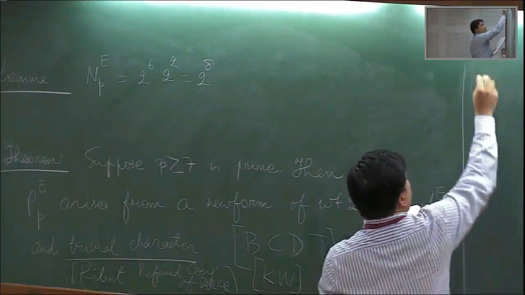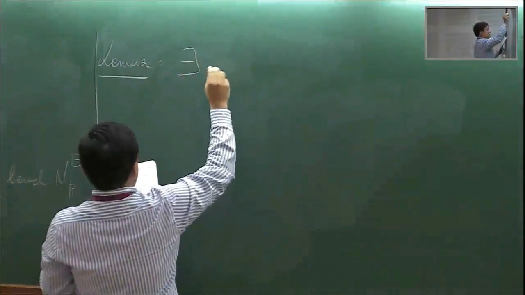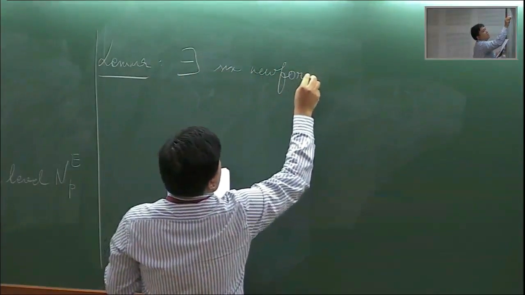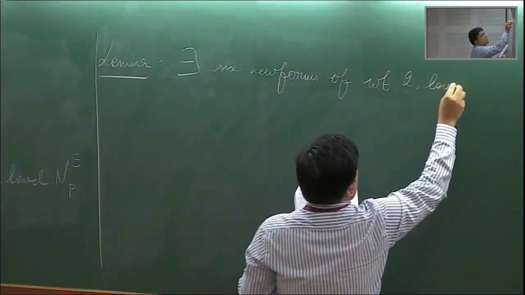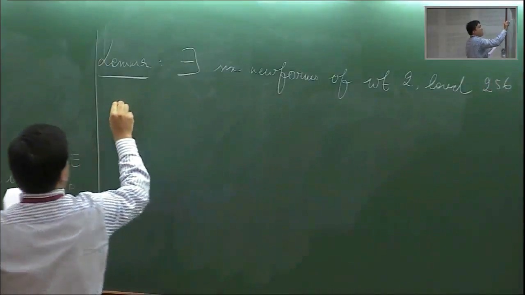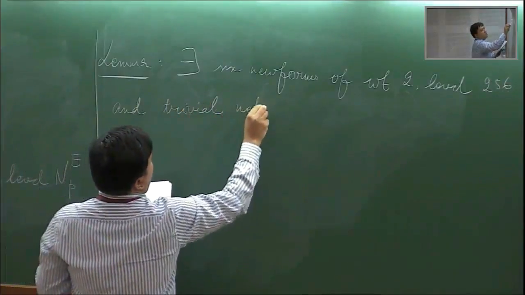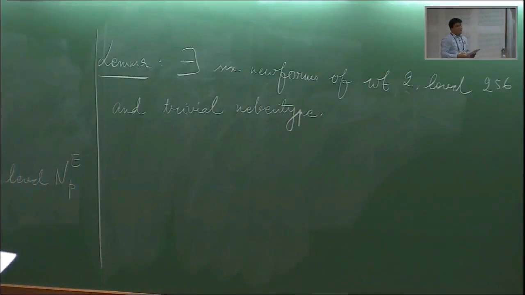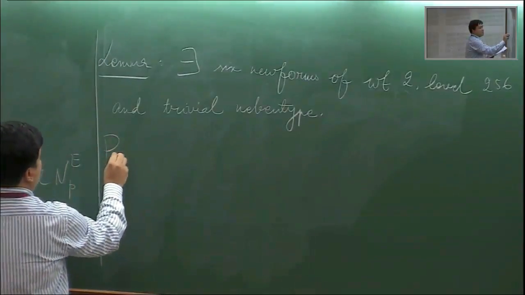So lemma: there are 6 newforms of weight 2 and level 256, okay, so this is discounting dimensions. Okay, so let's do that. So proof.